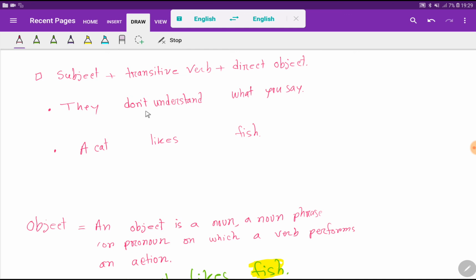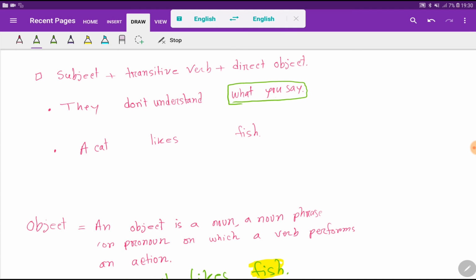Okay, look, they don't understand what you say. What you say, this is a subordinate clause, right? Look, here you is the subject and say is the verb, right? And what is the object of say? However, this is complex, I will tell you later.